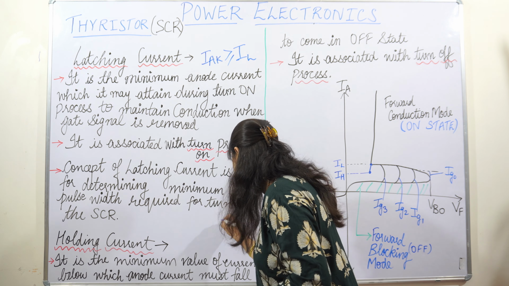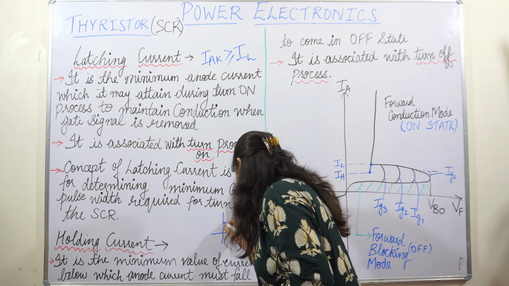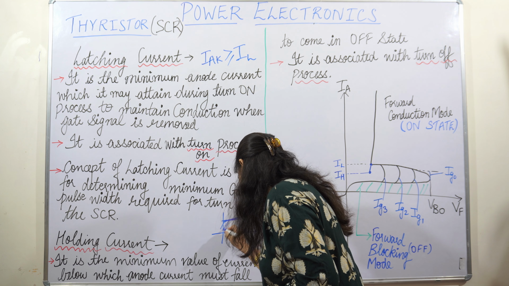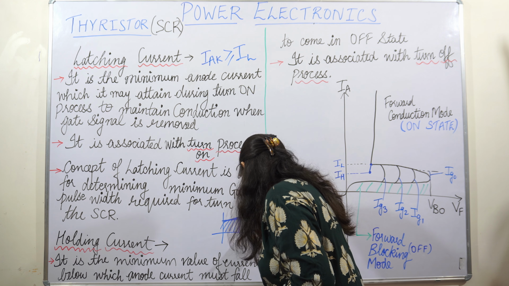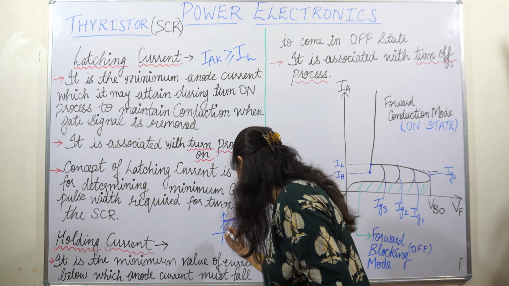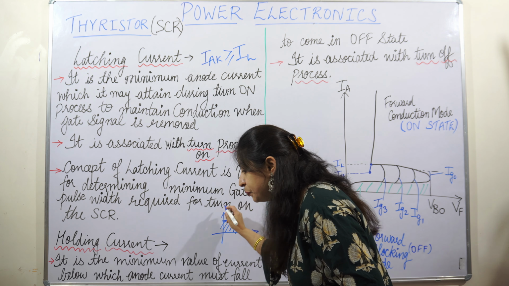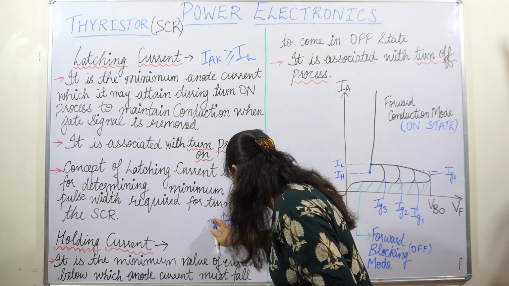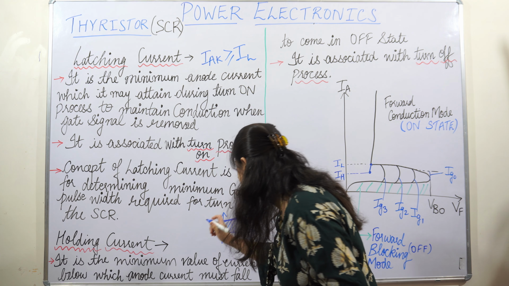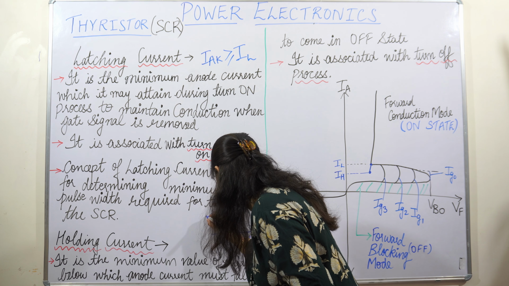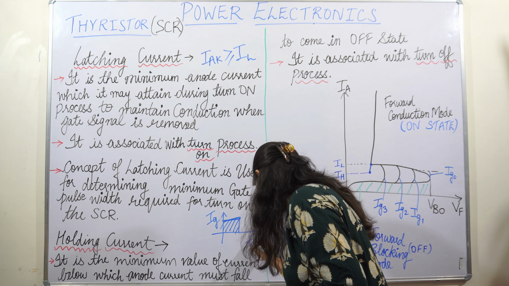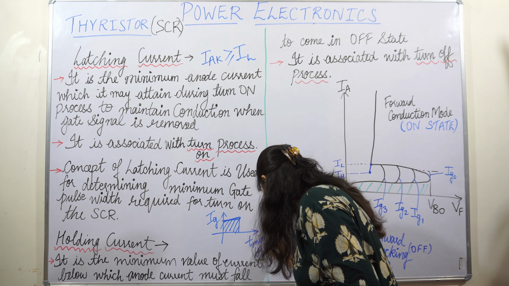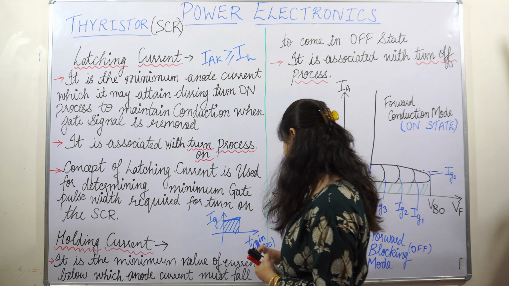Okay, so if we see it is positive pulse, we can draw the positive pulse over here. So how much that pulse should be given to the SCR? Okay, so this is the T gate, I_G, T minimum, and it is calculated in microseconds.